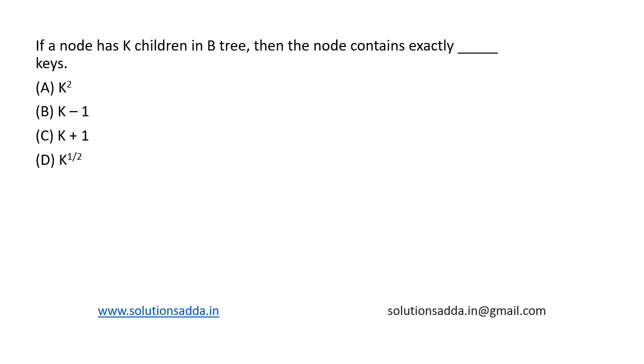In a B tree, if a node contains n keys, then it has n plus 1 child pointers.